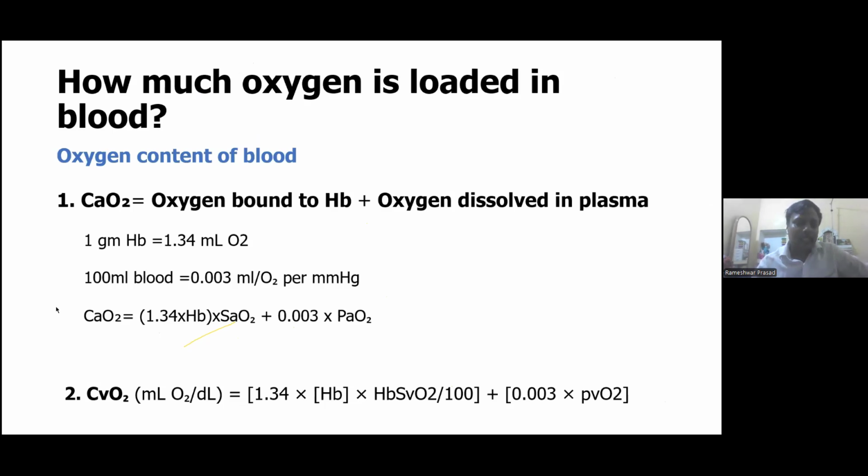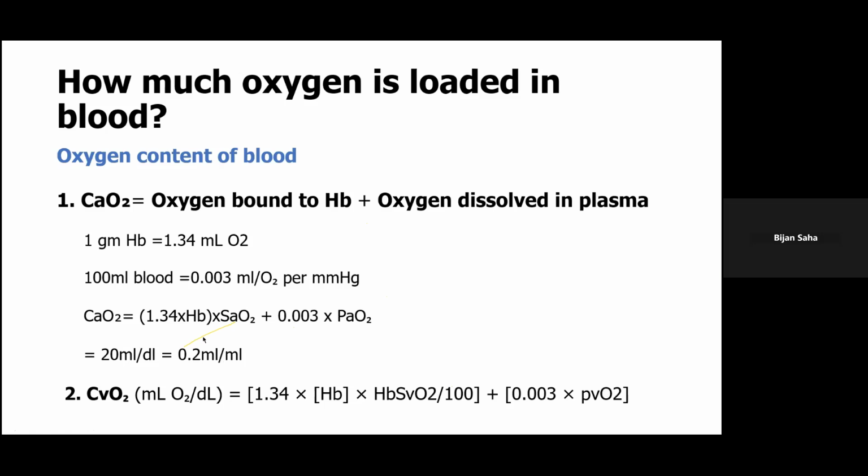So suppose hemoglobin is 15 gram per deciliter. SaO2 in arterial blood is always 98%, 100% if PO2 is 100. So if you solve this equation, it is how much? I think it will be around 20 ml per deciliter.